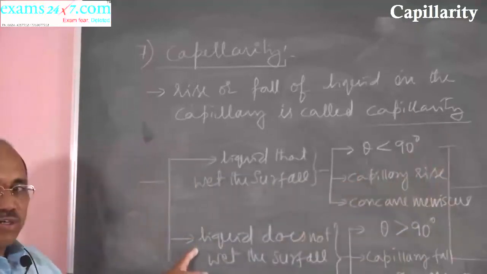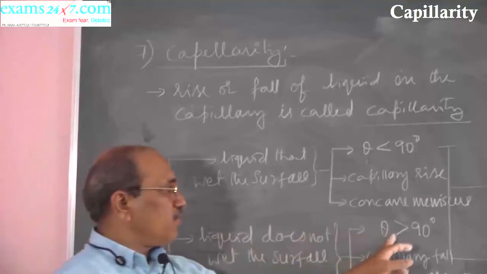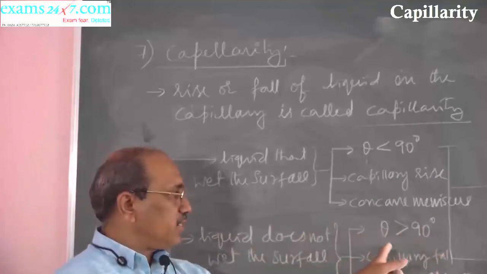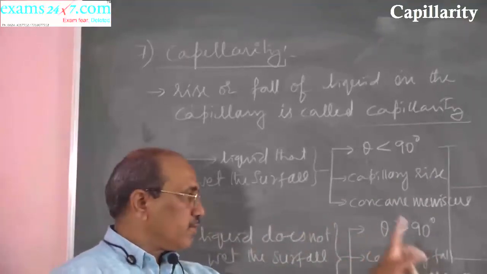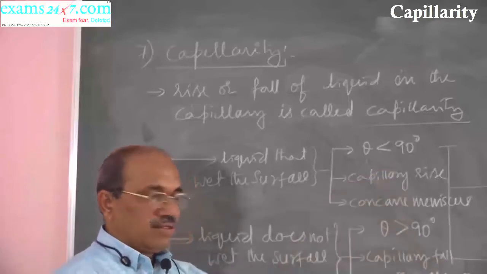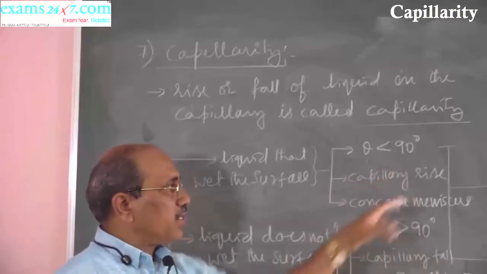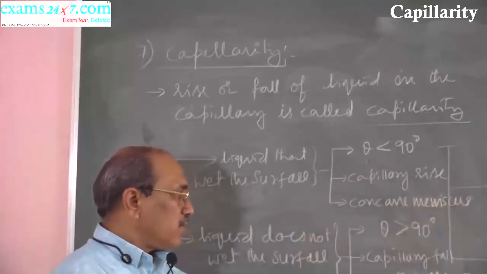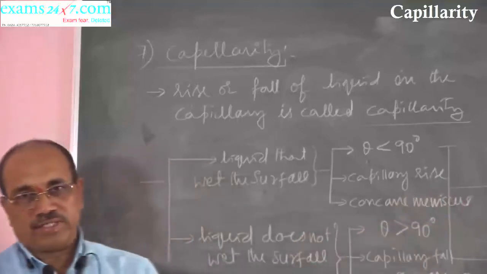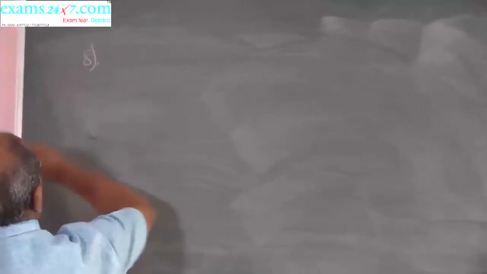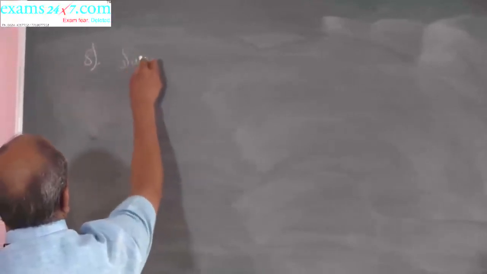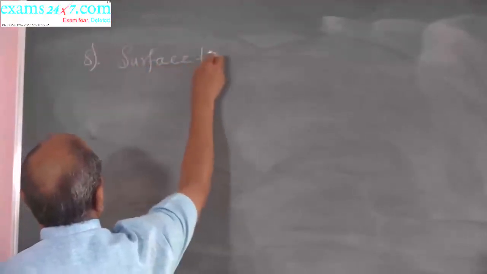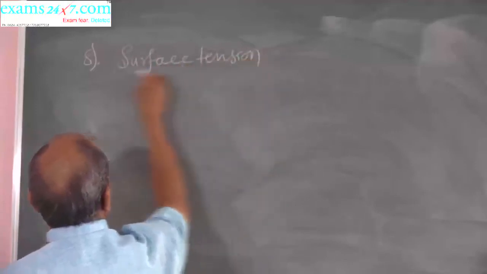Whereas if the liquid does not wet the surface, the angle of contact is obtuse, as we take in the case of mercury and glass. Capillary fall: the liquid level falls in the capillary compared to the outside level, and the meniscus becomes convex.